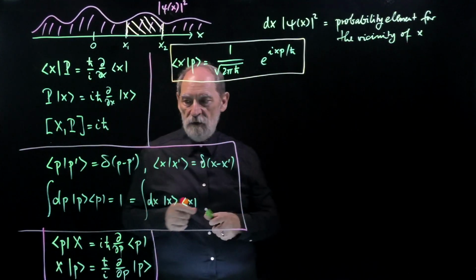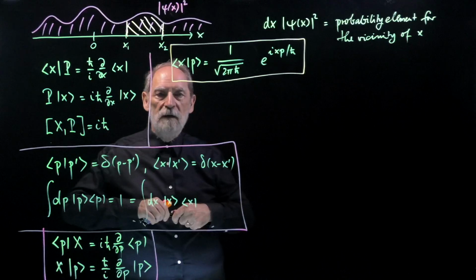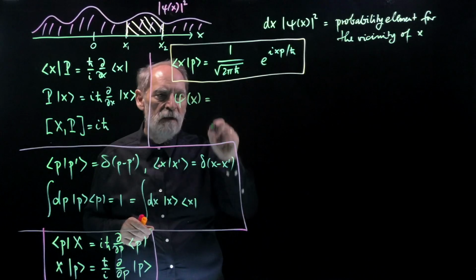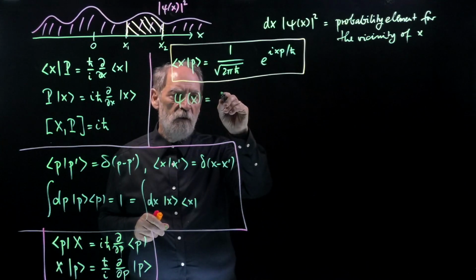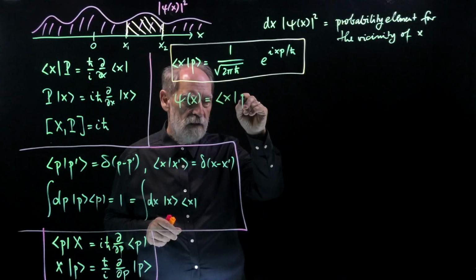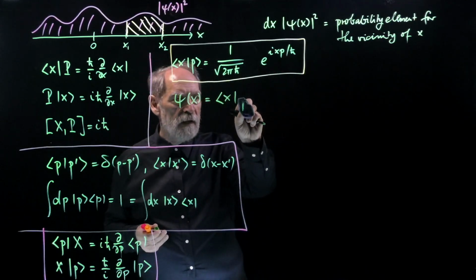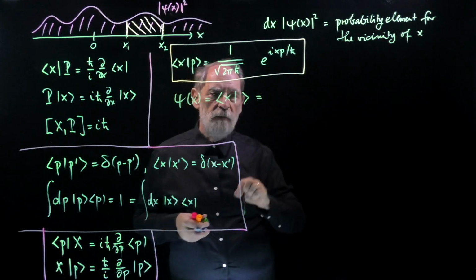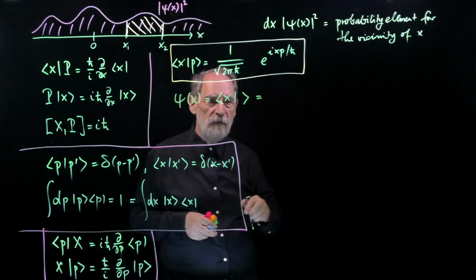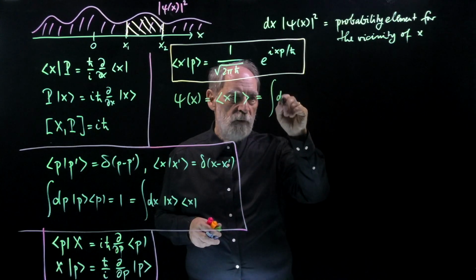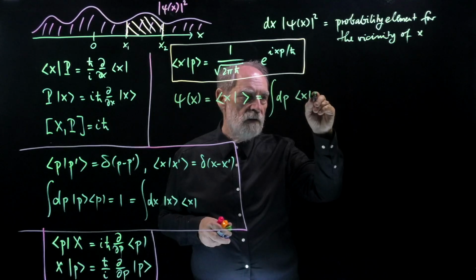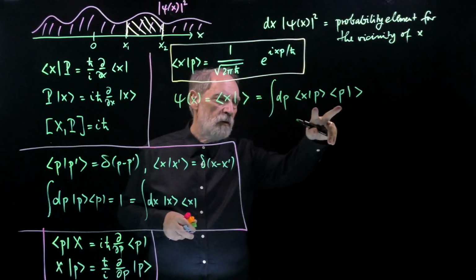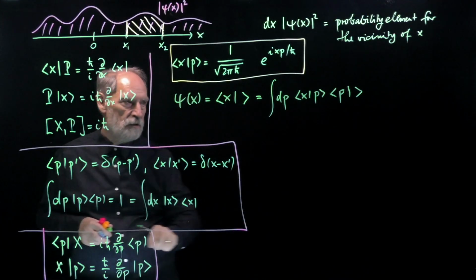So now, having this transformation function at hand, we can see how, say, the position wave function is related to the momentum wave function. And for that, we just recall what is the position wave function. It is the bracket of the position bra with the state ket. Now we want to relate this to the momentum wave function, then we have to use the completeness of the momentum states. And we do this in the obvious way. So there's the completeness of the momentum states, this relation here.